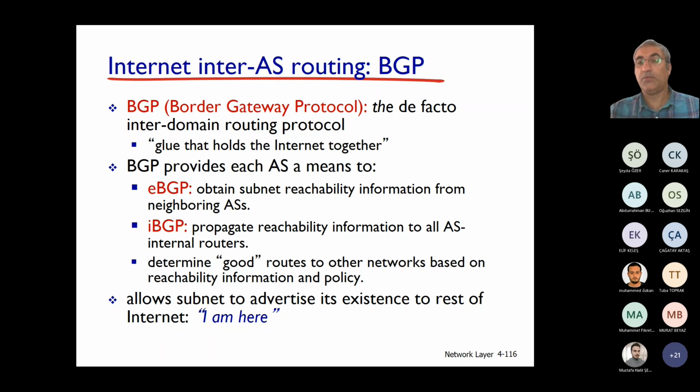It propagates reachability information to all AS internal routers. So it determines good routes to other networks based on reachability information and policy. It allows a subnet to advertise its existence to the rest of the internet by saying, hey, I am here.